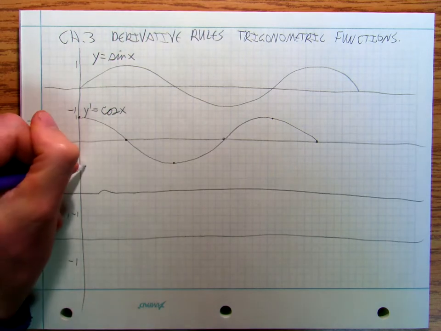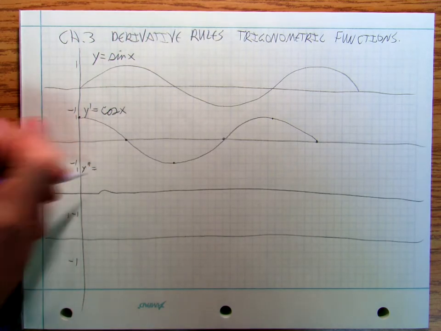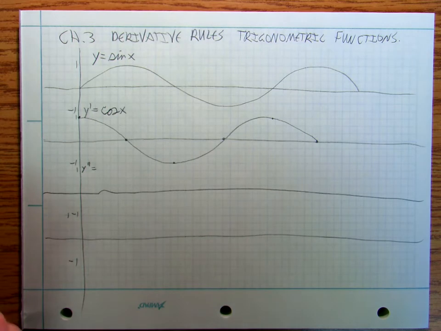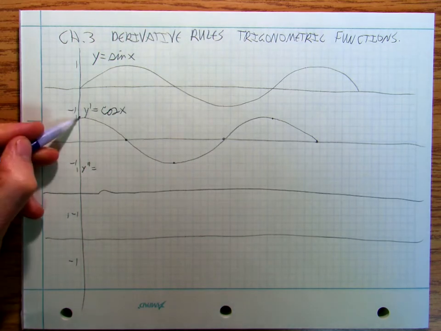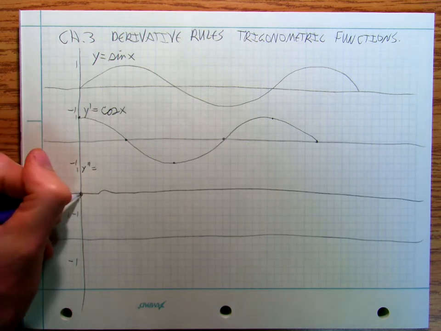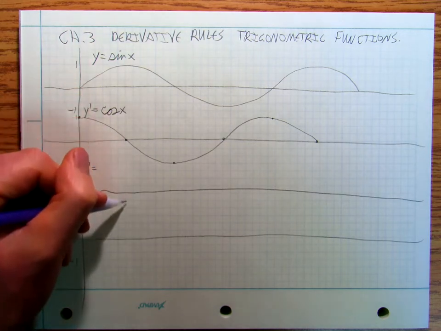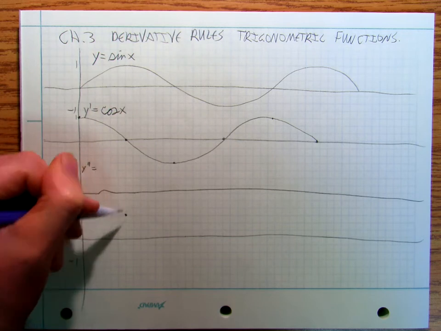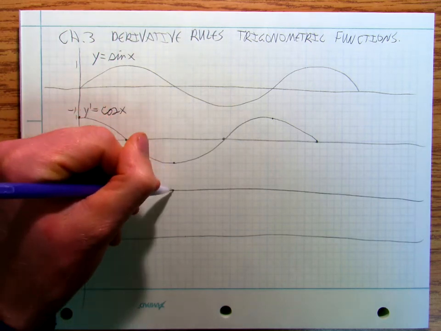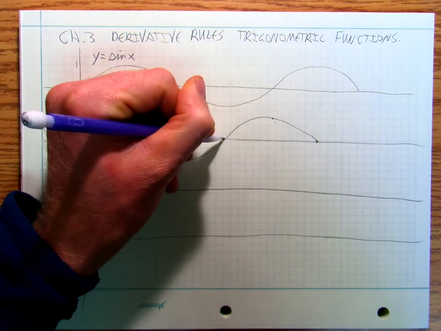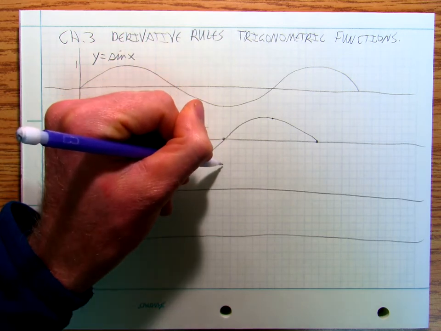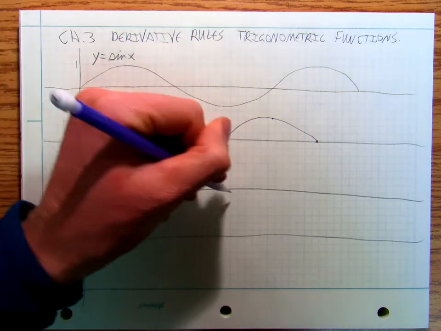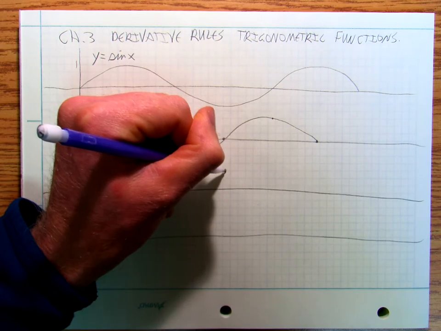Well, now let's find the derivative of cosine x. Right here, that's got a slope of 0. Right there, a slope of negative 1. Right there, a slope of 0. Right there, a slope of positive 1. Where do I want to be? I want to be right about there.